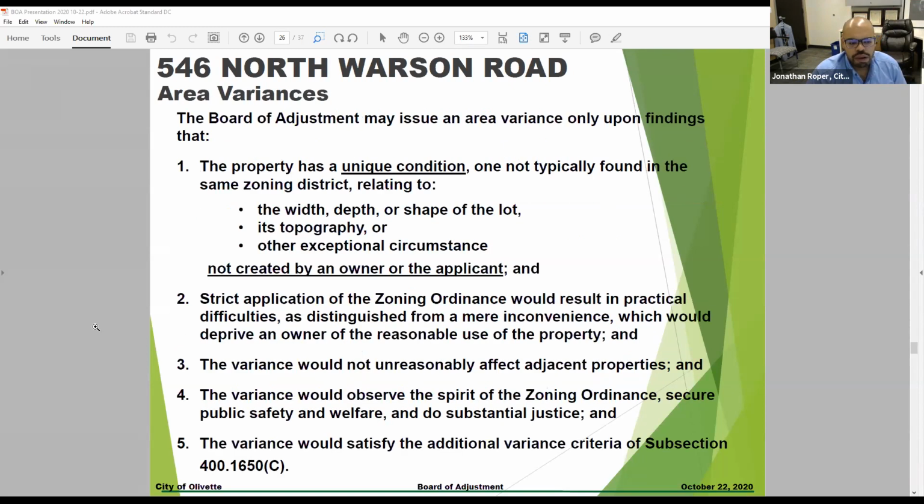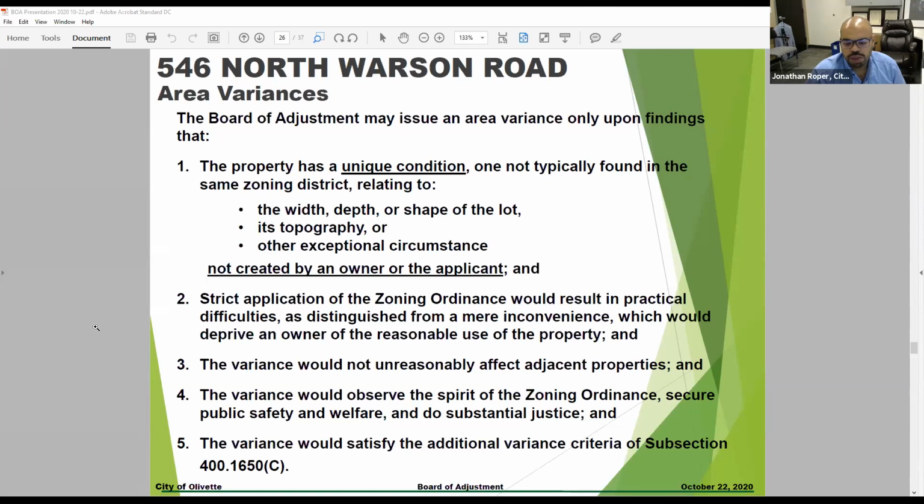And we look for that unique condition, one not typically found in the same zoning district, relating to the width, depth, or shape of the lot, its topography, or other exceptional circumstances not created by the owner. The strict application of the zoning ordinance would result in practical difficulties as distinguished from a mere convenience, which would deprive an owner of reasonable use of the property, and it would not unreasonably affect adjacent properties.